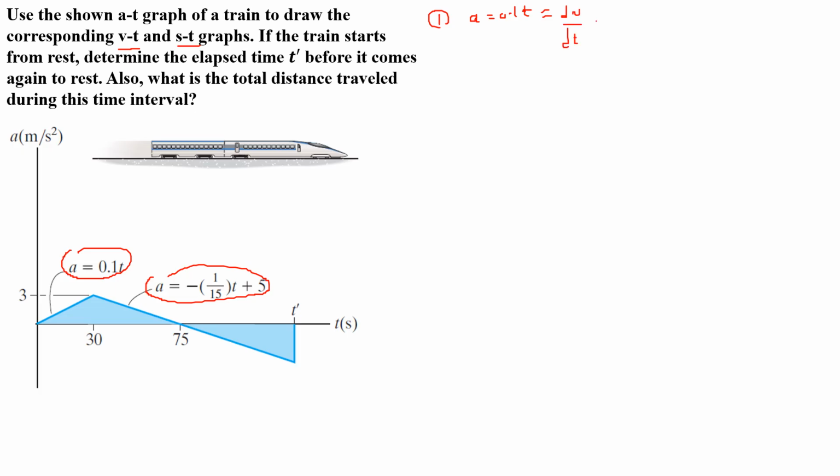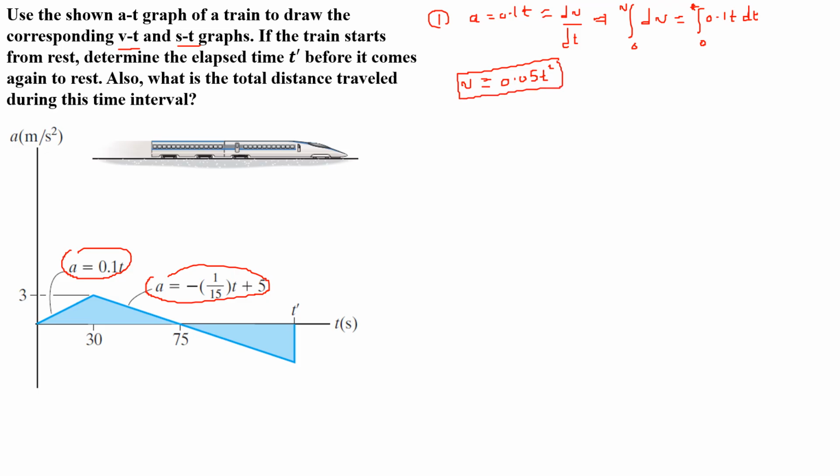Okay, so we'll have the integration of dv equal to the integration of 0.1 t dt, and the limits for the integral are from 0 to v, and for the time from 0 to any time. Okay, so let us carry out this simple integral. We will have v equals 0.1 divided by 2, which is 0.05 t squared. Okay, so that's my first v.